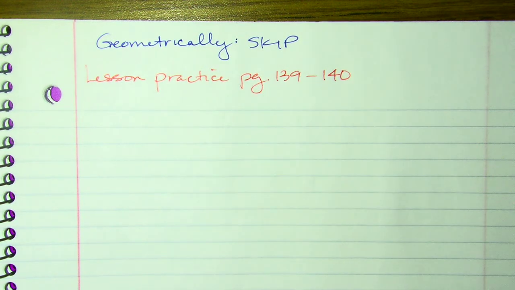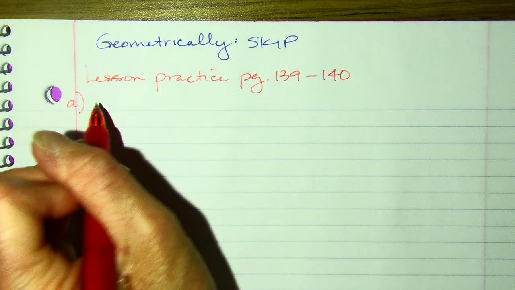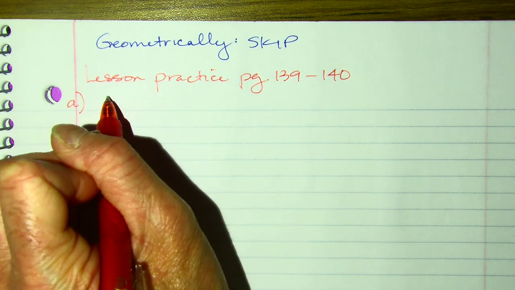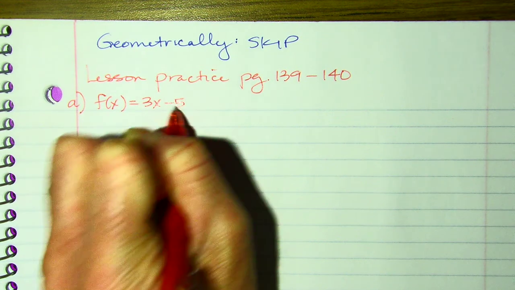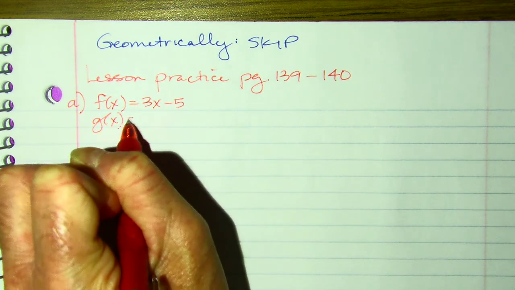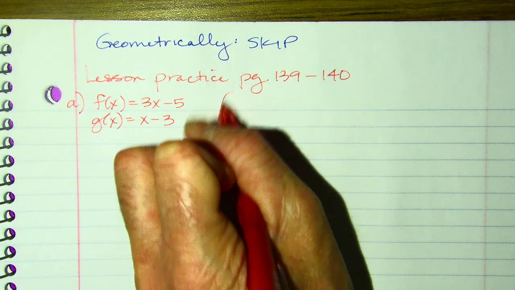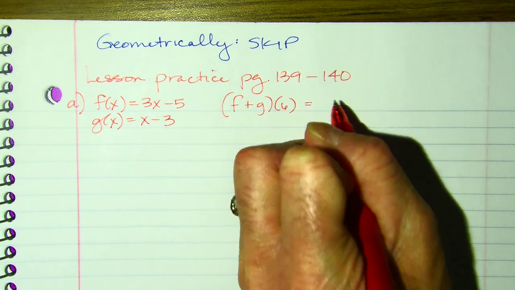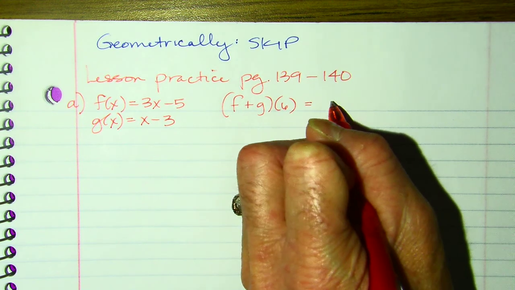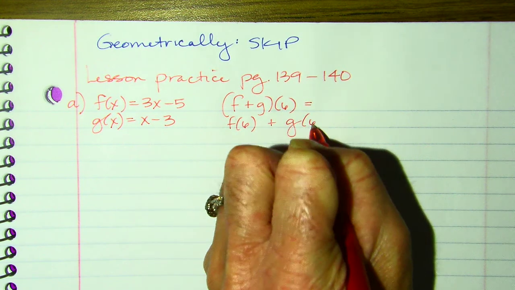So part A, they gave us the functions f of x is 3x minus 5 and g of x is x minus 3. And they asked us to find f plus g of 6. So that would mean I'm going to do f of 6 and combine that with g of 6.